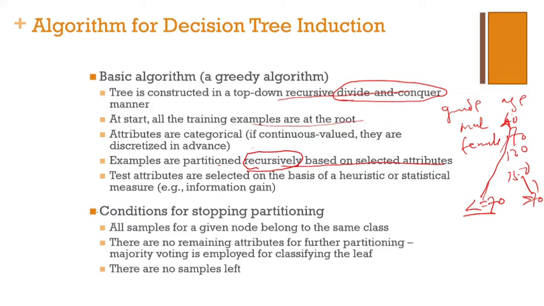This is why the test attributes are selected on the basis of a heuristic or statistical measure, which we call information gain. When you build the first tree using the attribute age, how do you know the attribute to use next? We also described this extensively last week. How do you know the next attribute to take?